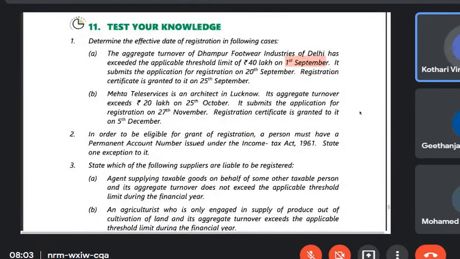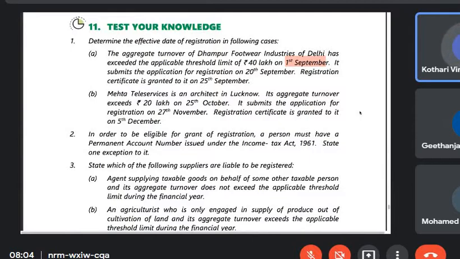The effective date of registration is 5th December. Why 5th December? Here, when does the turnover exceed the specified limit? Sorry, 25th November. That means within how many days does he have to obtain the registration? The registration should be obtained within 30 days.